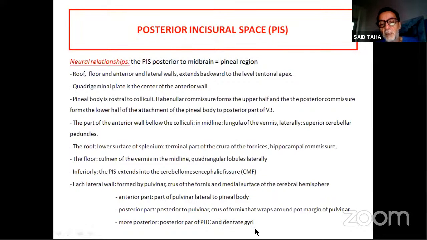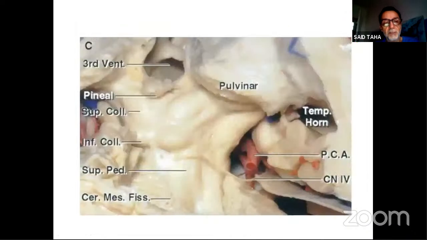Parahippocampal gyrus and the dentate gyrus.